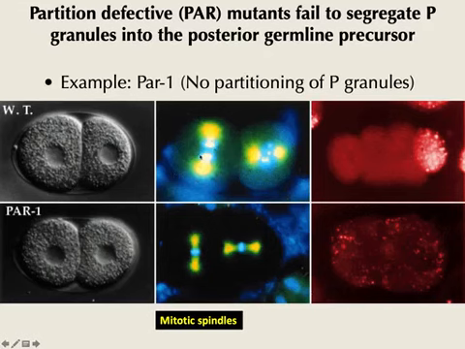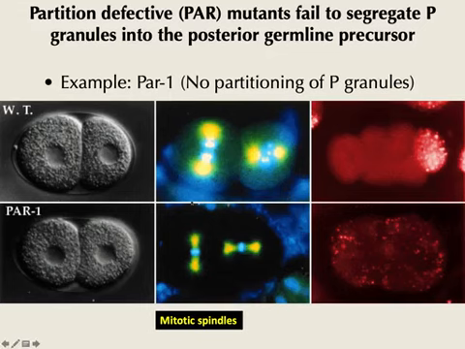So that would be for the second division. So this would be one spindle, this would be another spindle. You see the orientations are different. And the partitioning of the P granules. And then look for mutants and identify mutants in which these simple processes, simple to observe, are altered. Okay? So those were really pioneering studies.